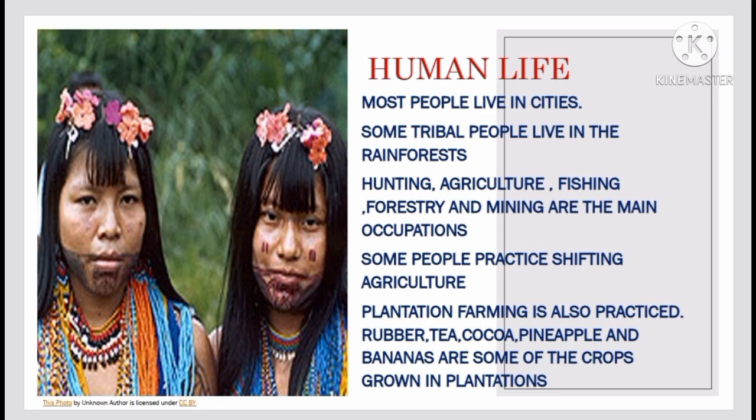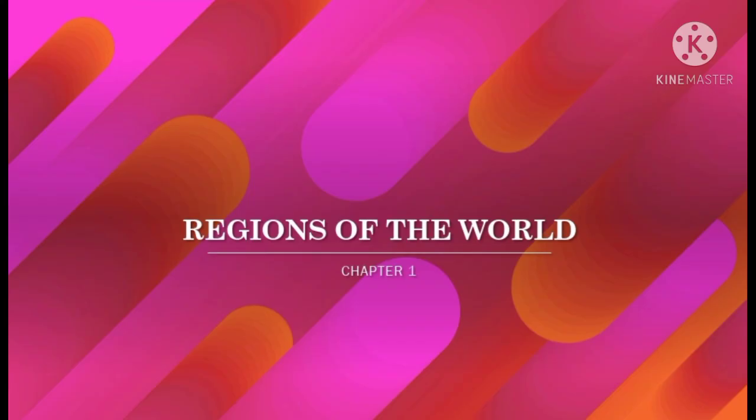Ranching means the activity of running a large farm used for raising cattle, horses, or sheep. Another important challenge is deforestation. It also led to soil erosion, which in turn has led to lower agricultural output. So these are the main challenges faced by the people in this region.